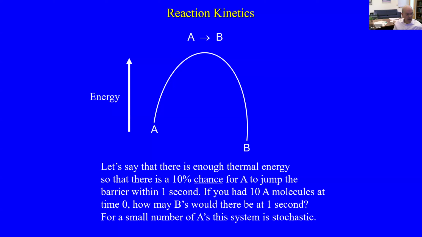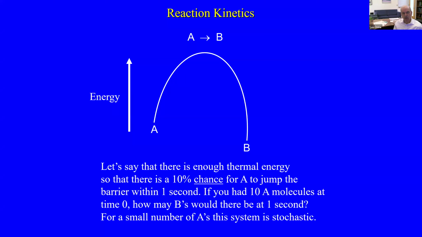So if you had 10 A molecules at time 0, how many B molecules would there be at 1 second? Well, you can kind of assume that there'll be around 1, maybe 2, maybe 0. The fact that we can't say for sure means that this is a stochastic problem. This is a stochastic model.